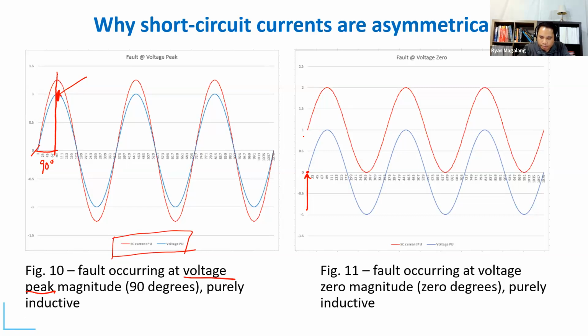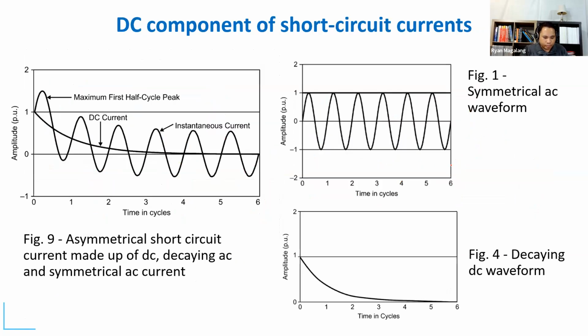So you can see here the current is supposed to lag the voltage. If you trace down this, that part is your 90 degrees. That's the physical explanation why in an inductive circuit you have this decaying DC.